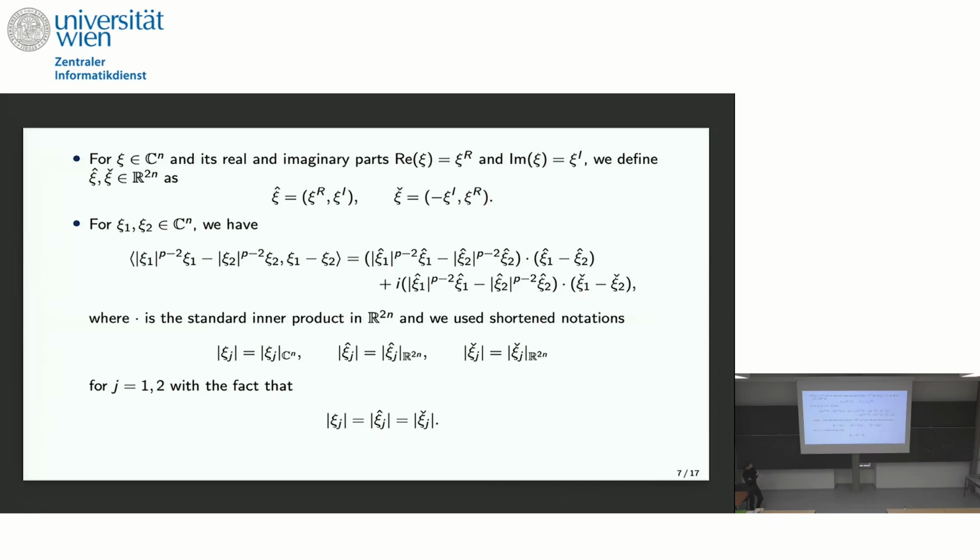This is the thing we need for the monotonicity: when we prove uniqueness by energy estimate, we need this kind of estimate. Using this notation, we can write it in this way.